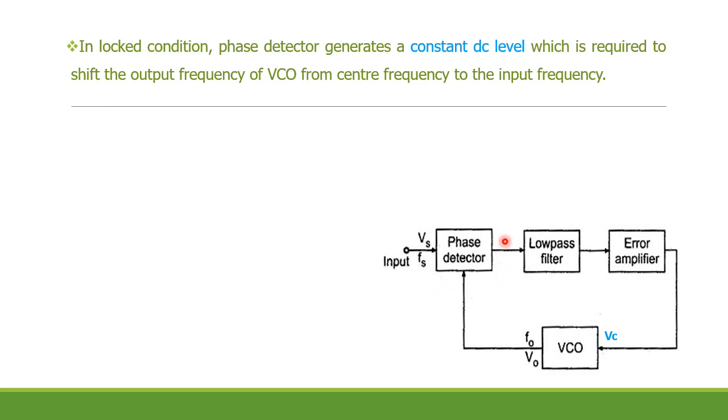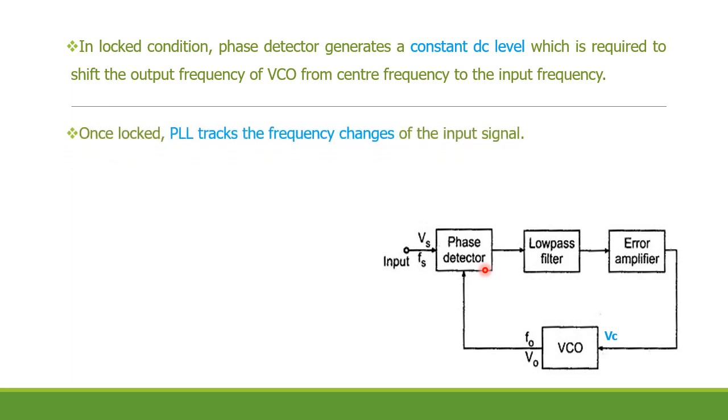The phase detector produces a constant DC level that is required to shift the frequency of the VCO to F. If we don't have any control voltage, the VCO output will go back to the free running frequency F naught. We should not allow that. We have to make the VCO output frequency equal to Fs. In order to maintain that, we give a constant DC level to the VCO as a control voltage, which is produced by the phase detector.